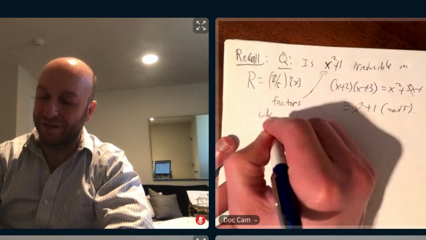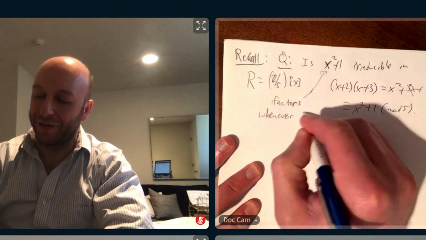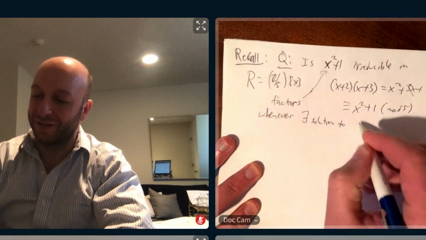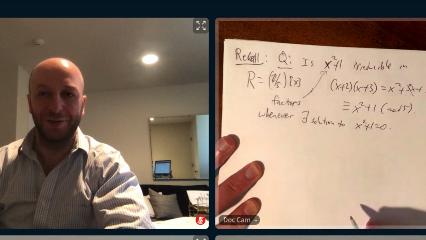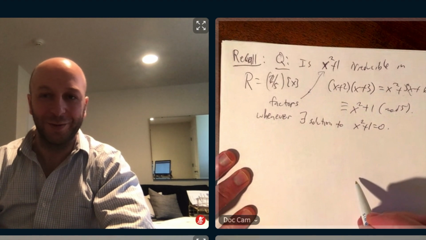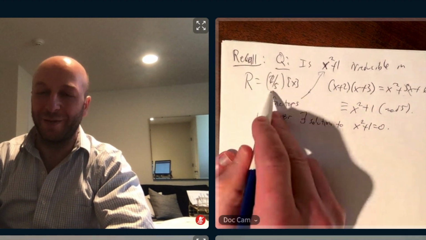Whenever there exists a solution to x squared plus 1 equals 0, if there's a root. Over the reals, there is no solution to this, so there's no root, so it doesn't factor. Over the complexes, there is. How about over Z mod 5?